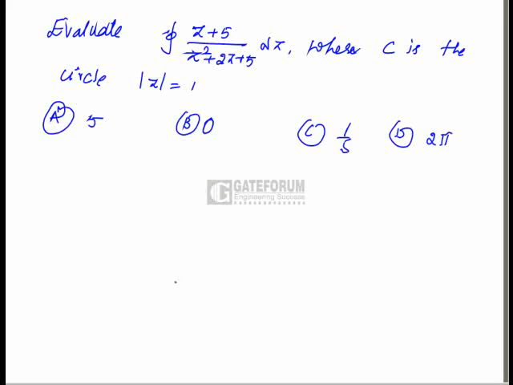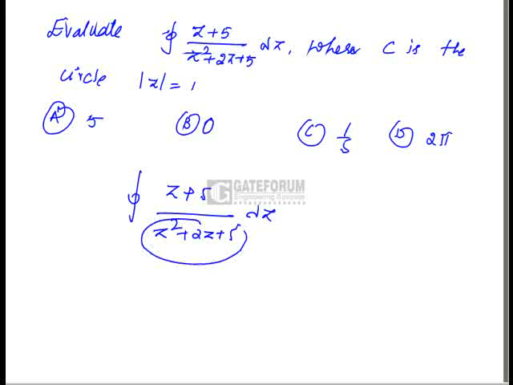Now we have to evaluate the integral of (z plus 5) by (z square plus 2z plus 5) dz. In order to find this integral, we have to find the poles of the denominator, z square plus 2z plus 5. To find the poles, we equate it to 0. The value of z will be minus 1 plus or minus 2i.